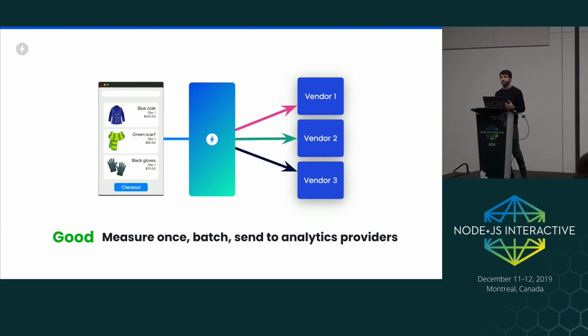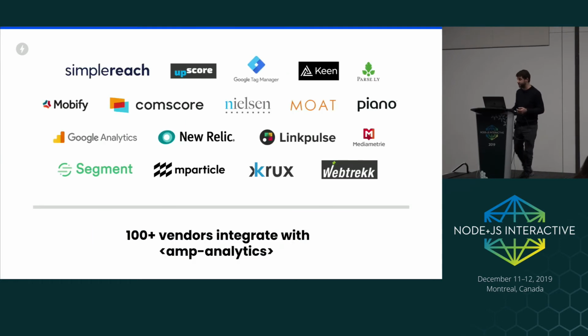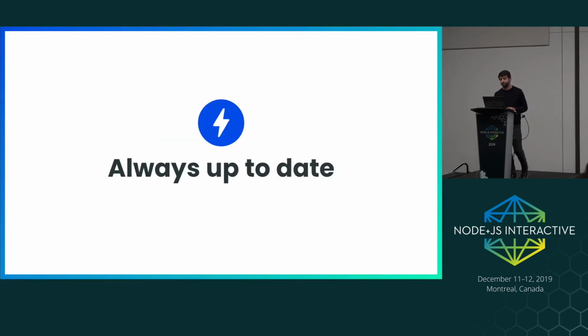And that makes sure that those things work efficiently on AMP documents. That might make it seem like we won't have very many vendors that would work with AMP Analytics, but the great news is that there's already 100 plus that do. And this is growing by the day. There isn't a problem about a specific vendor at this point. Most of them are supported, but done performantly.